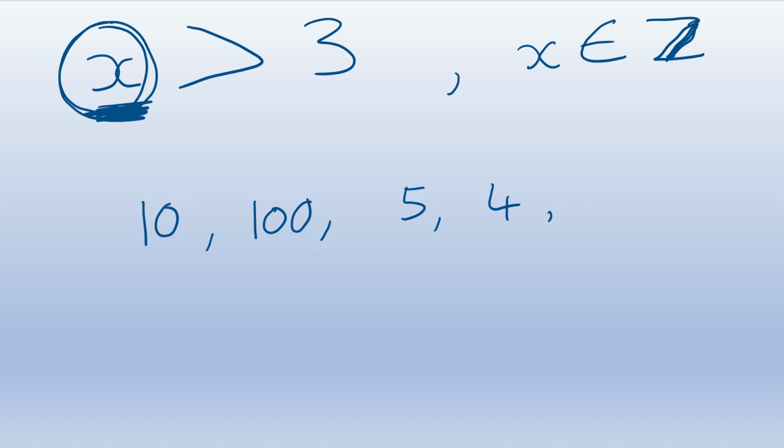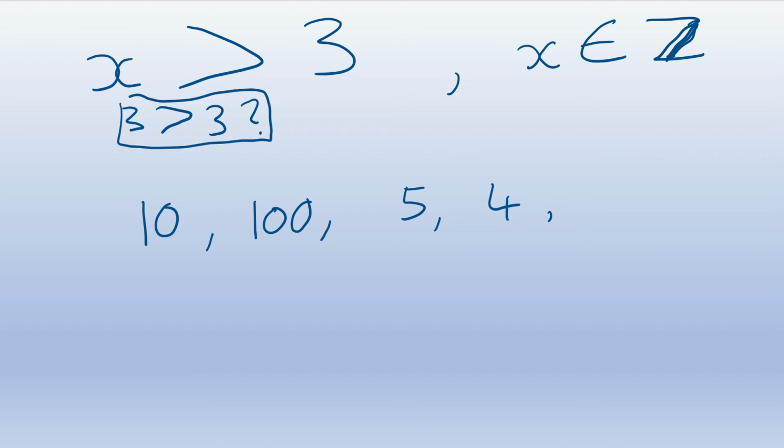And in order to answer that yourself, you need to ask yourself, well, is 3 bigger than 3? And the answer to that is no. 3 is equal to 3, but it's not bigger than it.